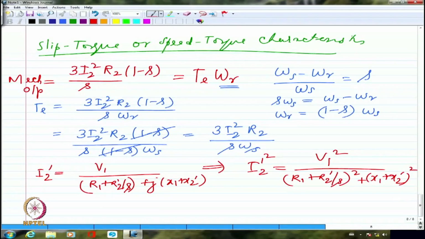Right? Just substitute that in the torque expression.